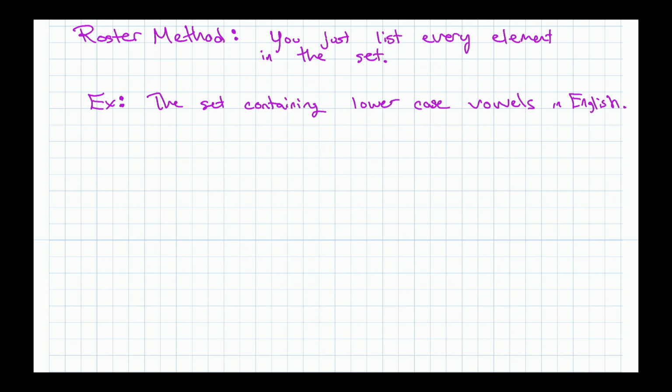What you would do is give your set a name, so maybe uppercase V. Another thing they do a lot is that the letter they pick for a set name is related to what's in the set.